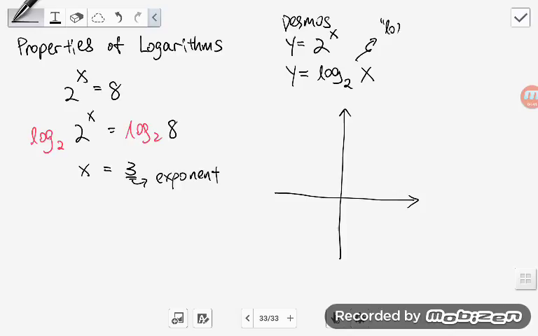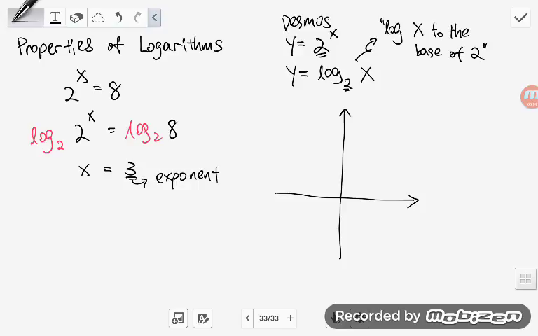This is how I pronounce it: log x to the base of 2. Because the base is 2 here. When I convert the equation from exponential to logarithmic, the base stays the same. So in this case, my base is 2 in both my exponential and logarithmic functions.